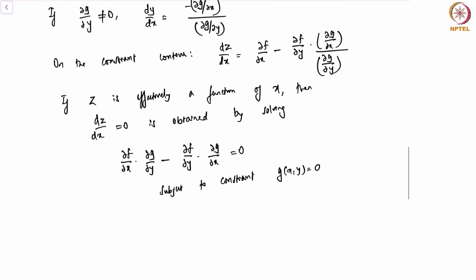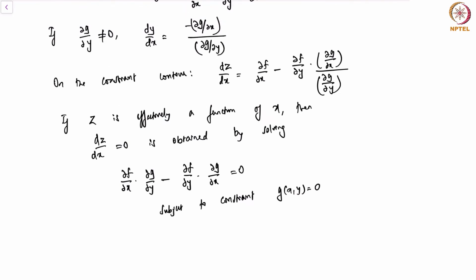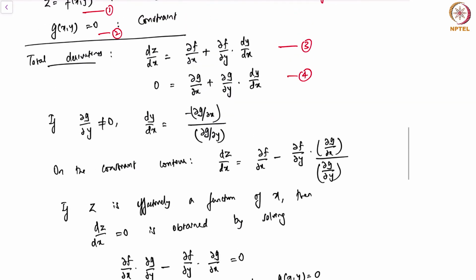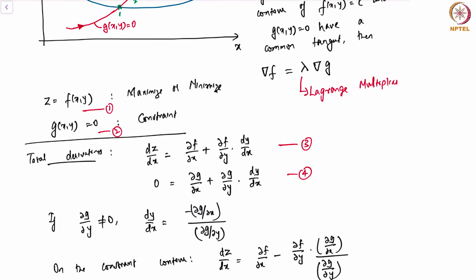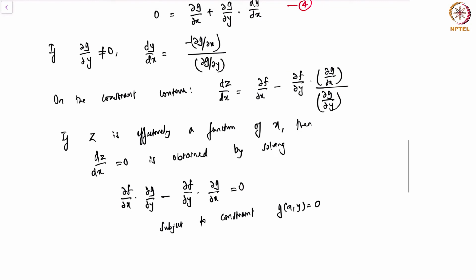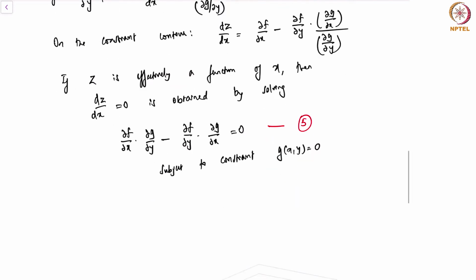So in other words, what we have done is we have basically replaced our original problem of solving 1 and 2 together to solving 5 and 6. So we want to impose this condition 5 with the constraint.